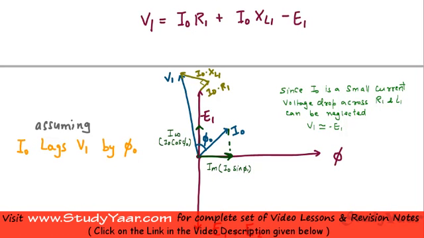Another thing to remember from this phasor diagram is that your magnetizing current Im is I0 sin phi 0, and your wattful current IW is I0 cos phi 0.